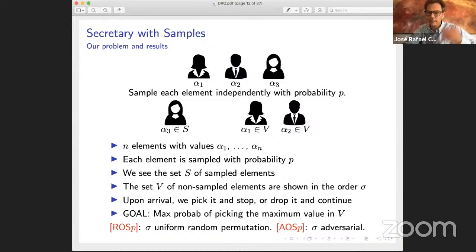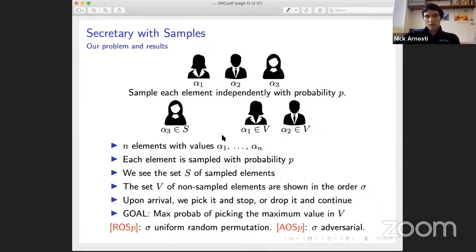If it's heads, then I include it into the sample set. If it's tails, I include it into the online set, the set V of values. Okay, so that's why the sampled elements can say something about the unsampled ones, because you're picking IID. Okay, I'm good. Thank you.